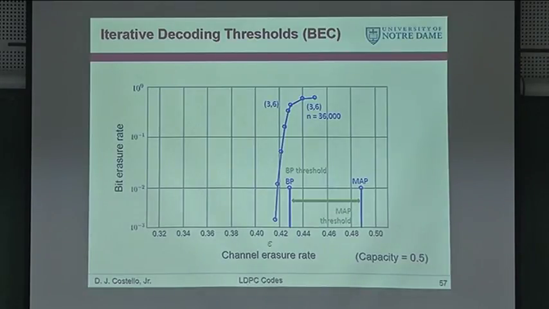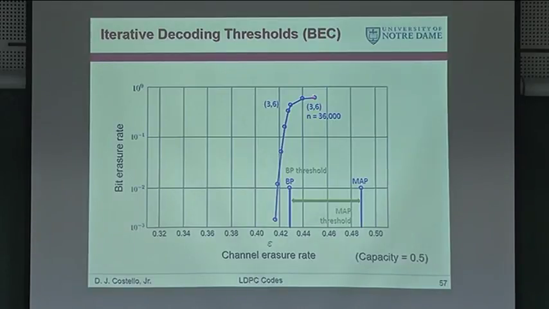You just have bits that are still erased after you finish decoding. We should be able to get low bit erasure rates pretty close to this channel erasure rate with a long 3/6 regular code.